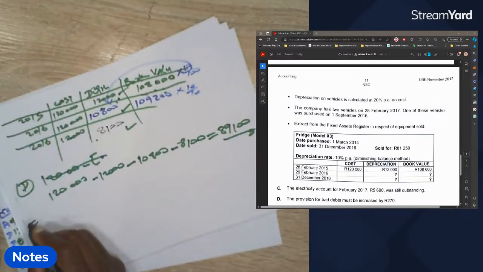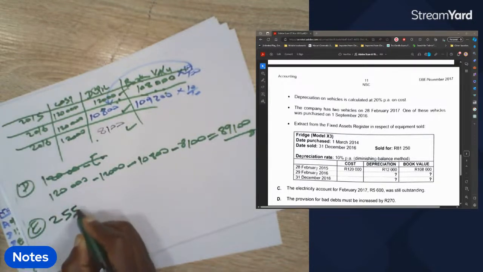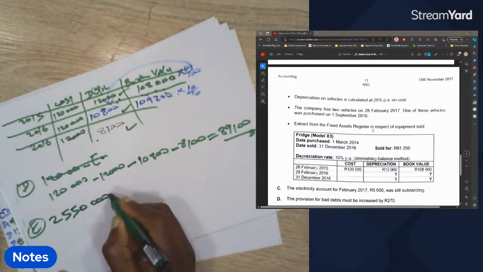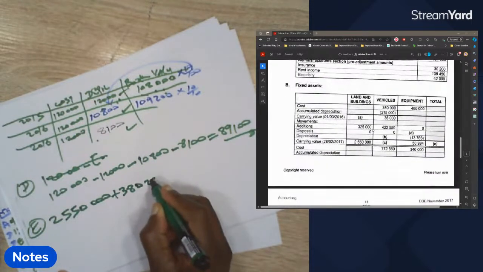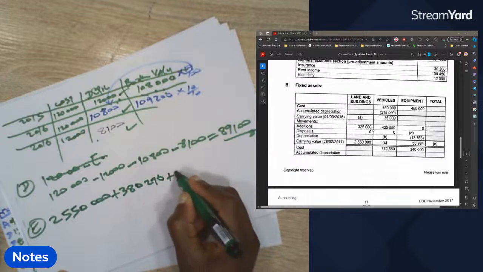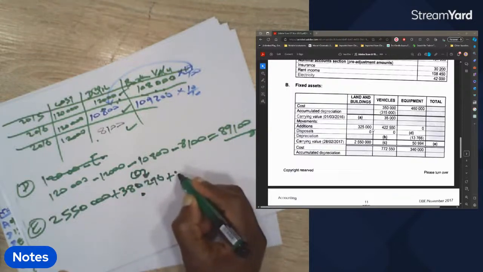And then the last one is E. E is simple. We add everything in the carrying book value. Our carrying book value is 2550. We have found C, right? C we found, and we got 38029. We add that figure, 59994. What do we get for E? Okay, quickly: 2550 time is running out now, plus 380,296, plus, remember we found our C above, right?